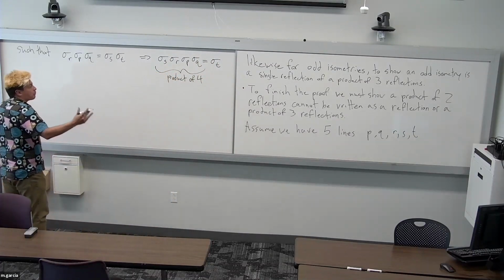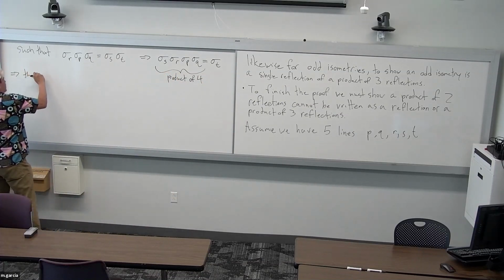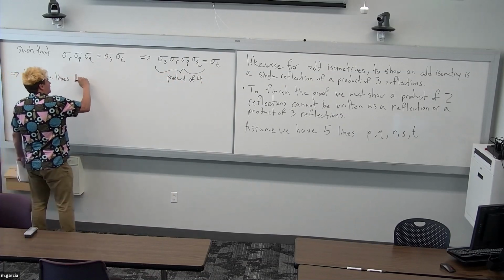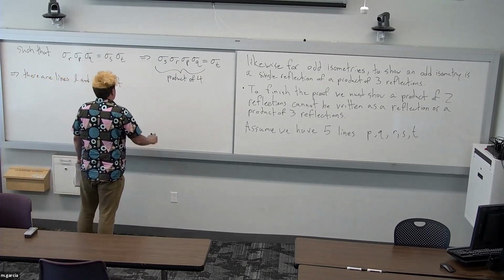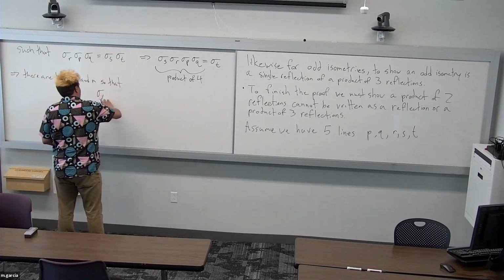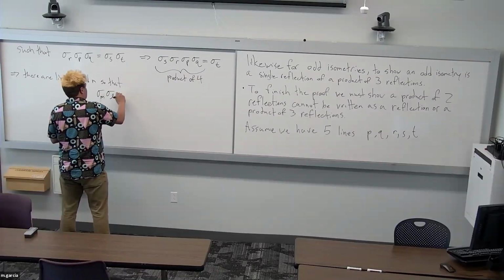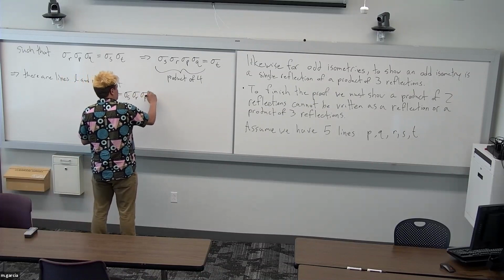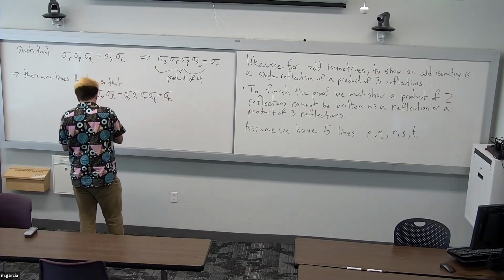So by our main theorem from last time, we know there are lines L and M, so that sigma M sigma L is equal to this product of 4.